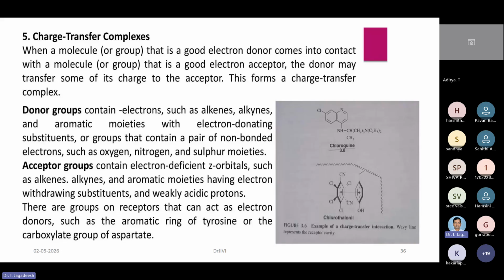It means in both cases we have the same type of functional groups, so they can act as acceptors as well as donors, with electron-withdrawing substituents and weakly acidic protons. Receptor groups that can act as electron donors include the aromatic ring of tyrosine, an amino acid containing an aromatic ring, and the carboxyl group of aspartate. They show this type of force.